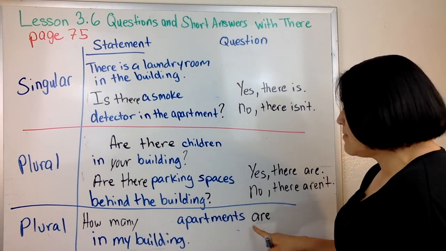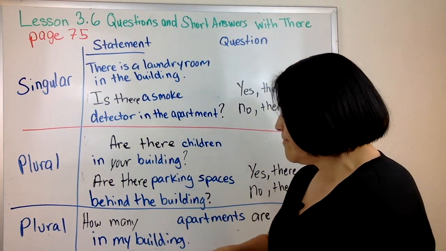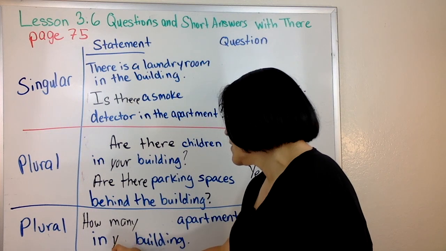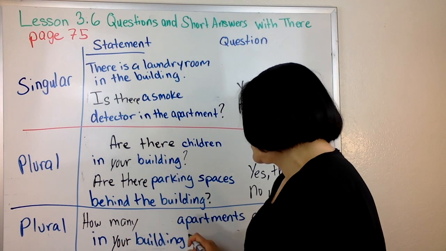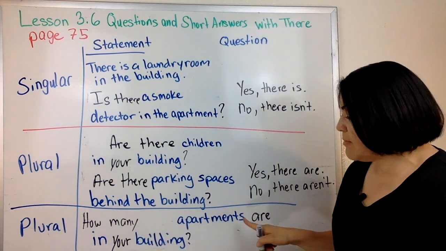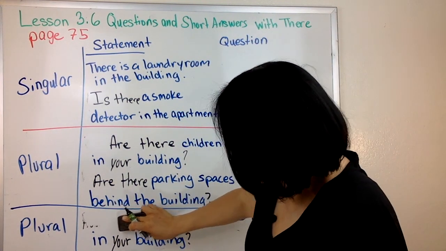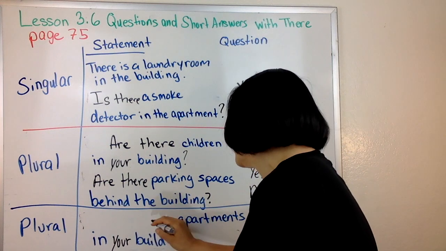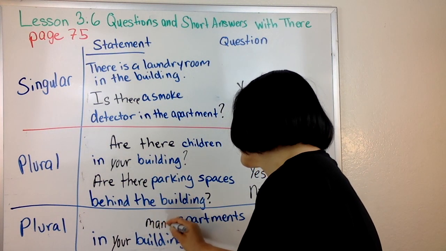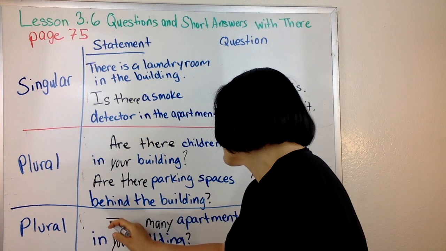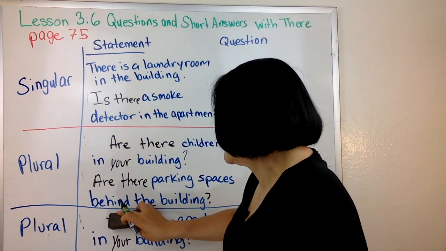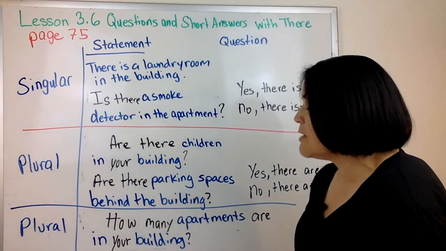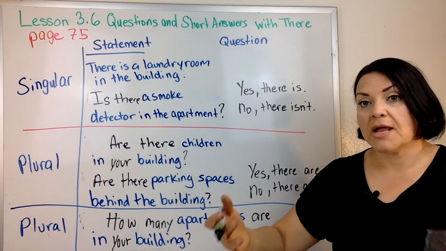How many apartments are in... how many apartments? Let's make this closer because it looks bad. We shouldn't have a big space there. Because they want to know a number, right? I want a number from you.